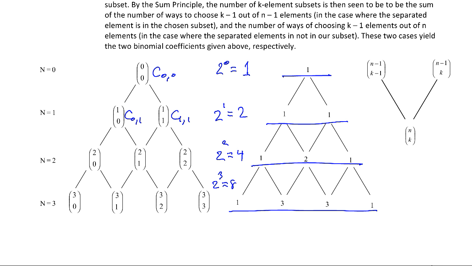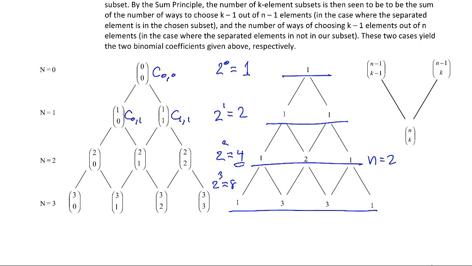And so in other words, in row n of Pascal's triangle, the sum of the numbers in the row is equal to the number of subsets of an n-element set. So for example, in the n equals 2 row here, we have 4 possible subsets of a 2-element set.